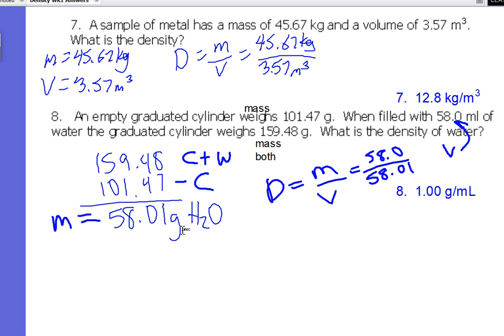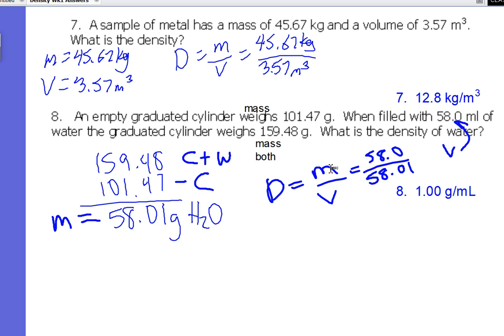So how do we find the mass of just the water? Well, the mass of both minus the mass of the cylinder would give us the mass of the water. And then I take the mass of the water divided by the volume of the water, and I've got the density of water, which pretty much everyone should know.